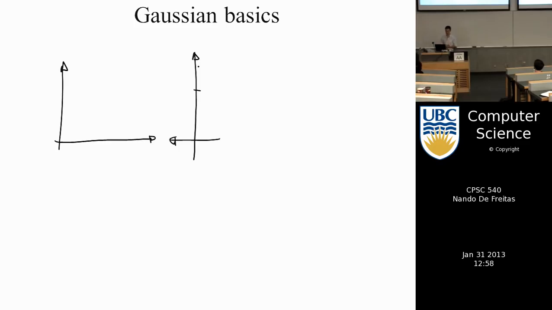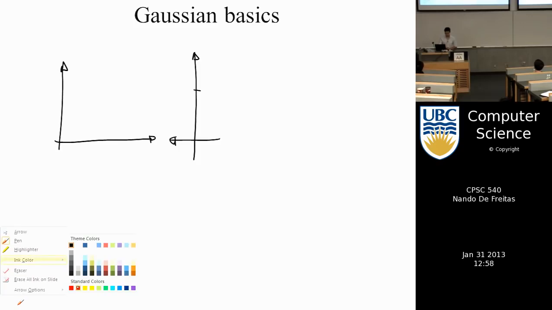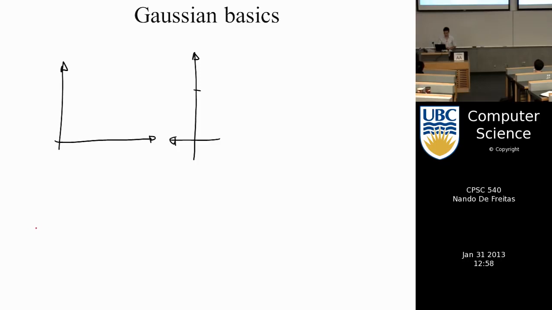I'm going to assume that we have a Gaussian distribution that we want to sample from. So now we're going to do the opposite process. Before, we had points and we were trying to figure out the curve. Now we're going to assume we have the curve. In other words, we have the mean and the variance, which is enough to reconstruct the curve. And we're going to try to produce data.